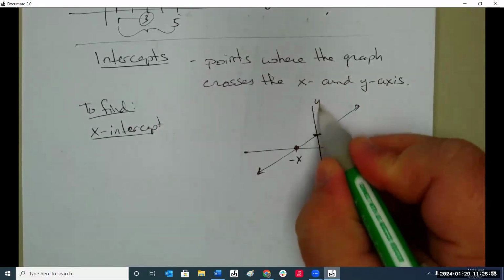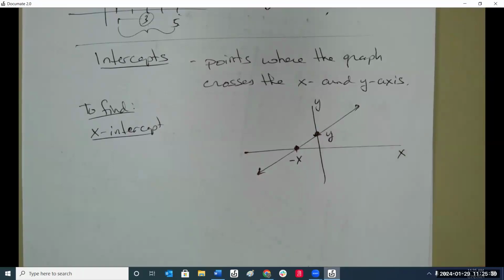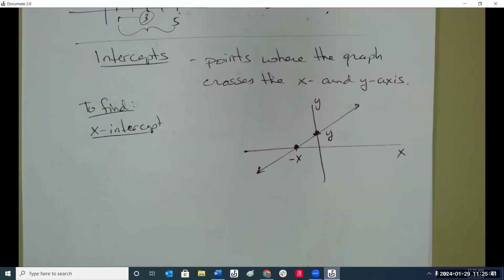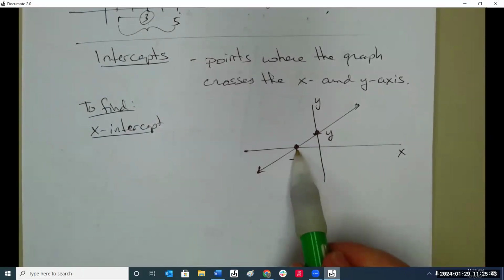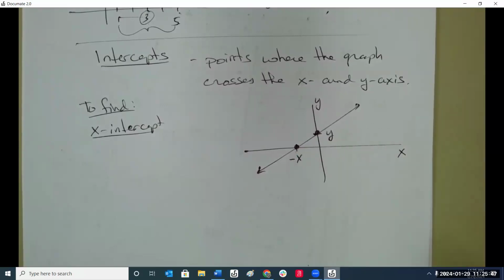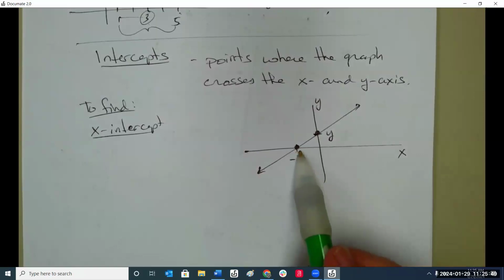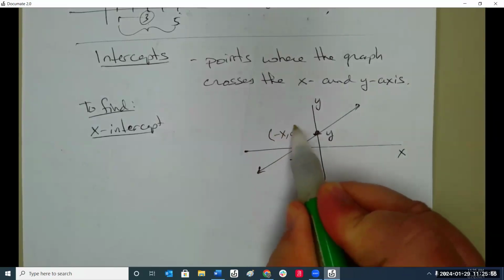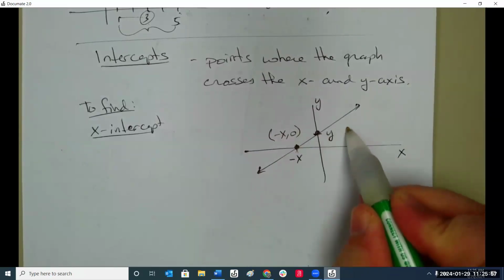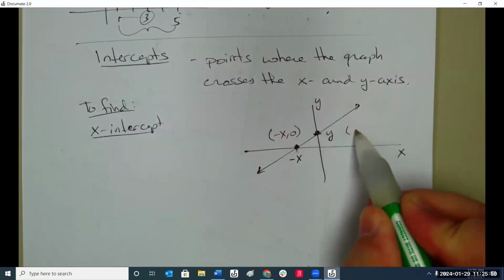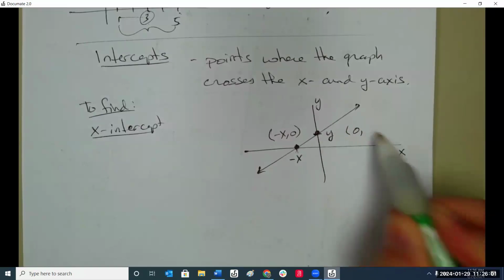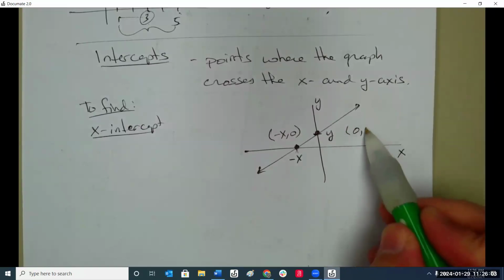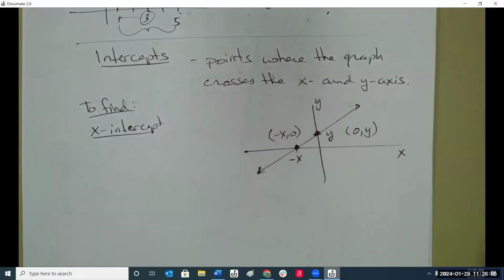The y-intercept is where it crosses the y-axis. So what are those locations? What's this location here? And this one here? Negative x, 0. Very good. And this one? 0, 1. You're just copying your answer.